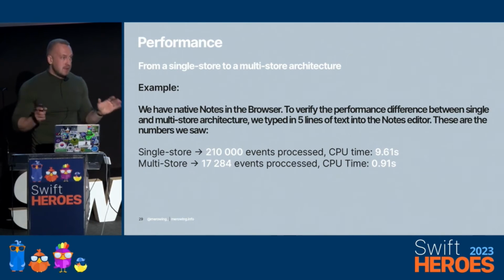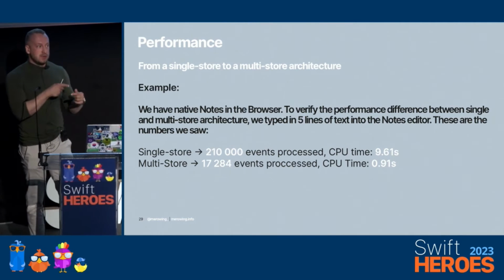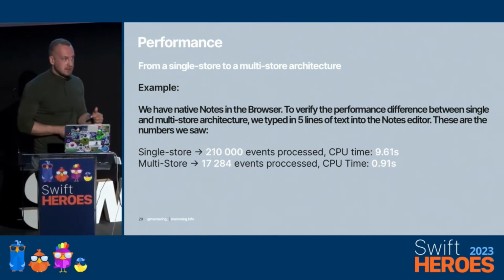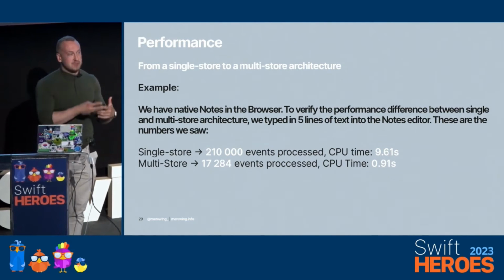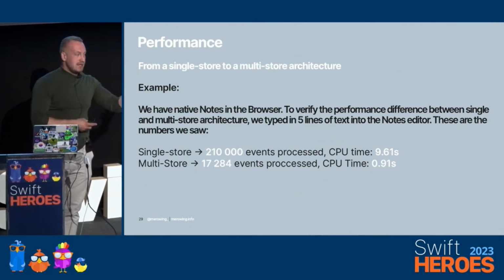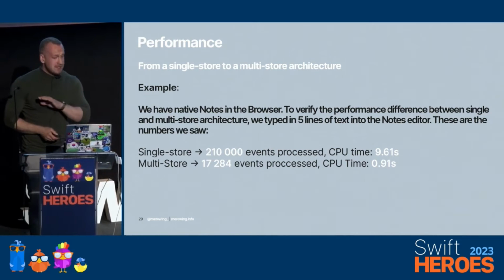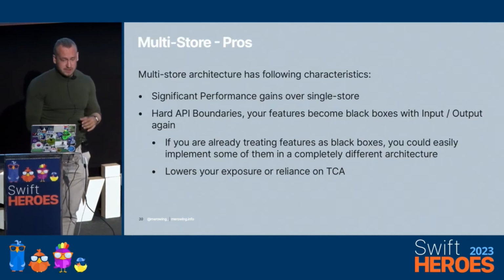So still slow, but much faster. Before this, the only way we could actually have nodes working was to add throttling at the view layer, which goes against data consistency. We go back to the problem where the actual data versus what the view displays is not consistent. So this is a massive difference between multi-store and single store.